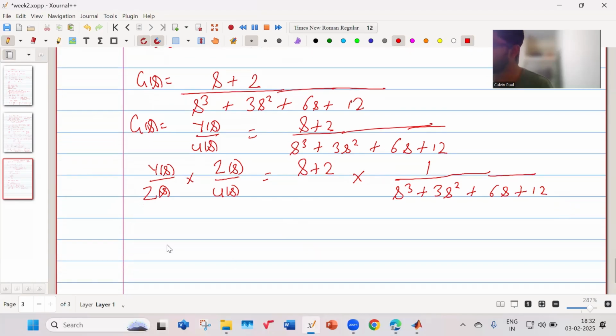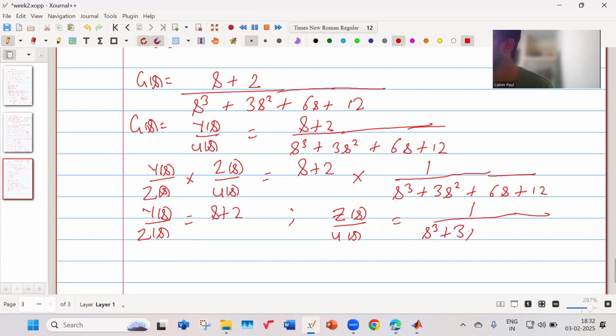So what we have written is y of s upon z of s is equal to s plus 2 and z of s upon u of s is equal to 1 upon s cube plus 3s square plus 6s plus 12.